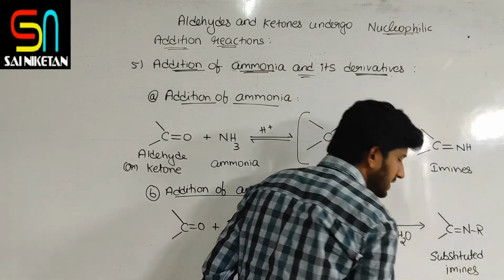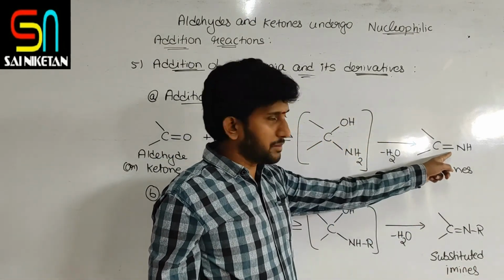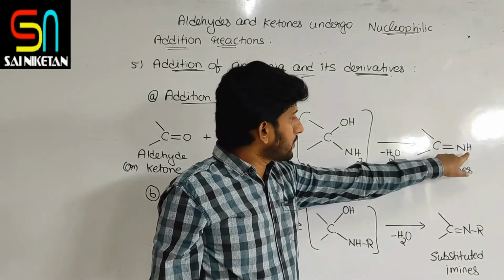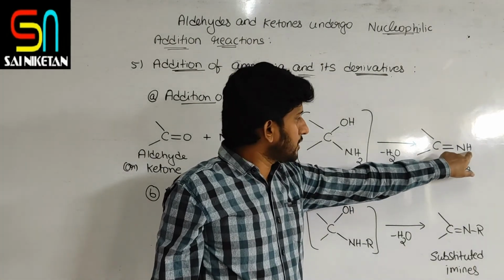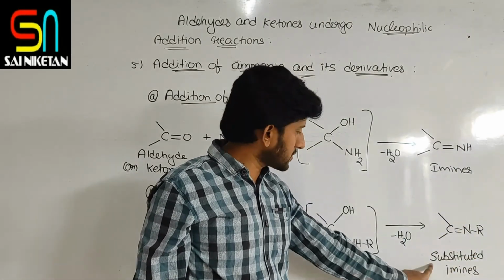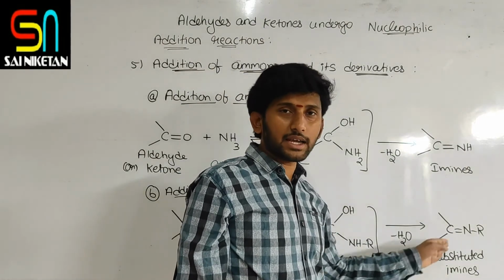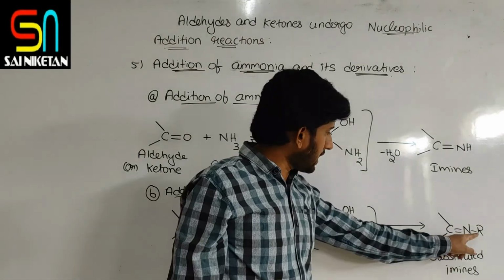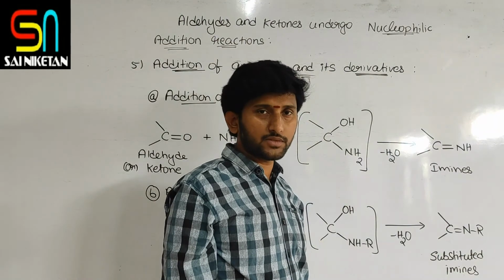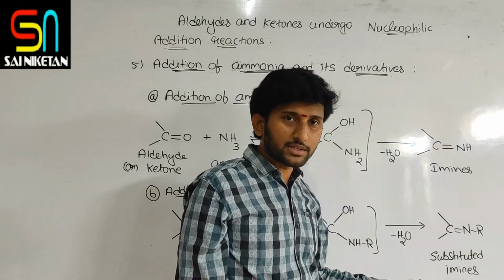Substituted, why we are saying? Here you see this is imine. On the imine, if one hydrogen is removed with alkyl group, then alkyl substitution it is. So that's why it is called alkyl substituted imines. N-alkyl imine compound is formed, or simply substituted imines are formed as the products.